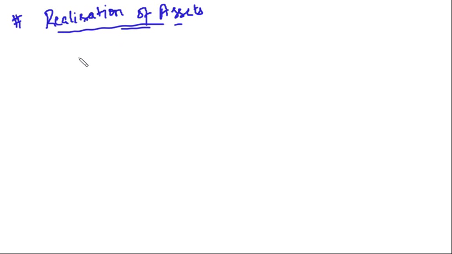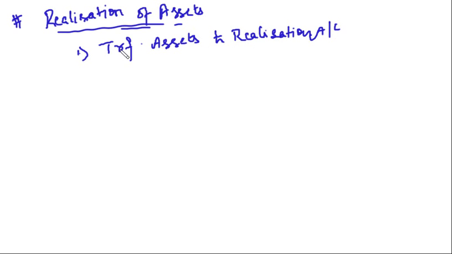Now what we say is realization of assets. Right? What is the first step? First step is you have transferred the assets to realization account. Right? Now from this realization account you will start selling your assets.